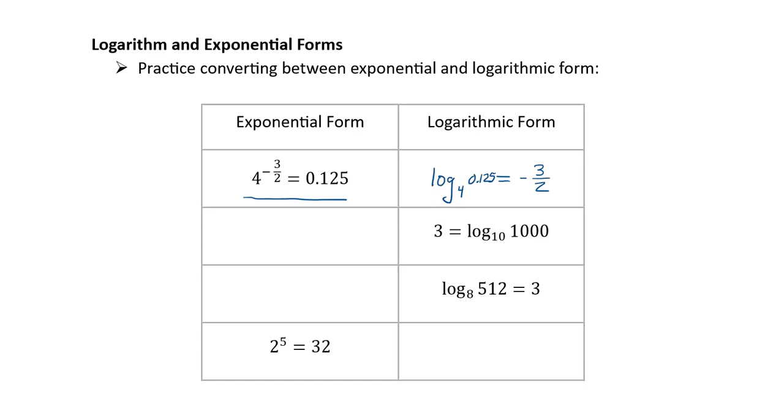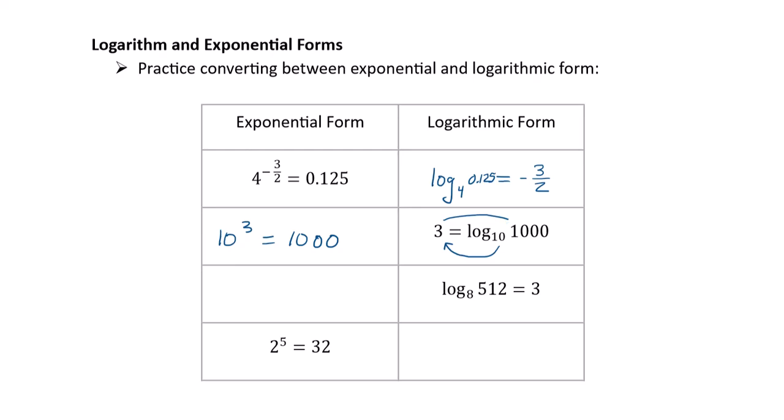Let's try from log form to exponential form. Here I have log base 10 of 1,000 equals 3. This means 10 cubed equals 1,000.